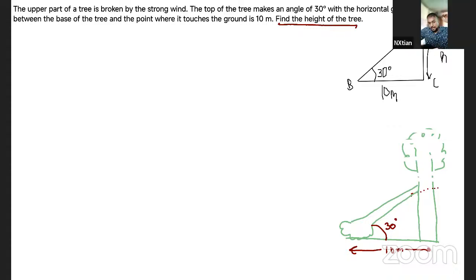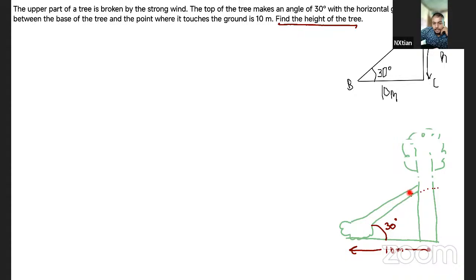No, no, I'm not asking about the trigonometric function. I'm telling you, if you want to find the proper height of a tree, what do you want? You want this part also, as well as this part also? Yes, because this is the proper height of the tree.